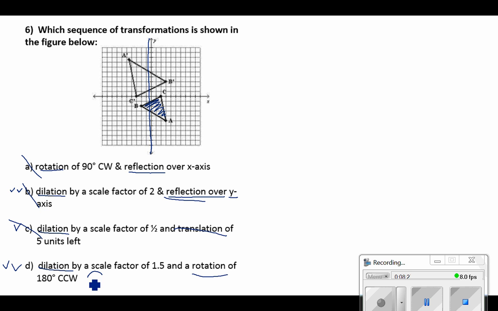Counterclockwise, remember, goes this way. And 180 degrees would be 2 spaces. So I'm going to go 1, 2, gives us the right answer. So D would be correct.